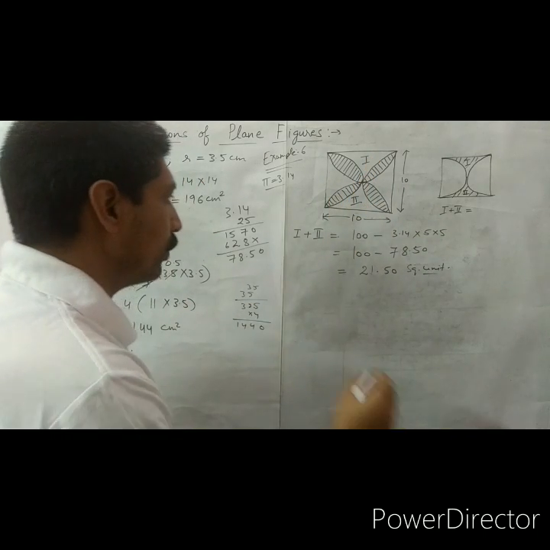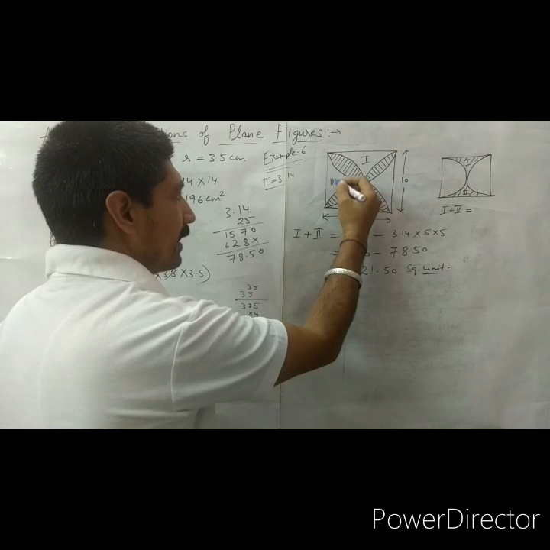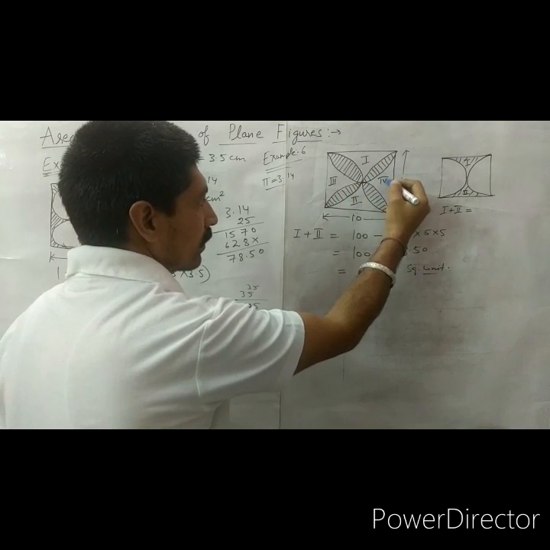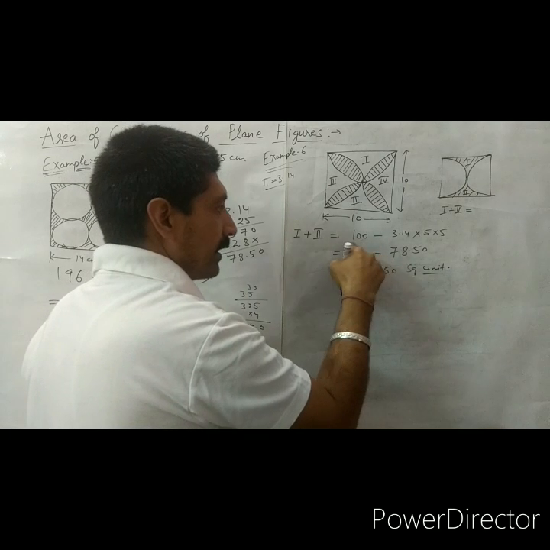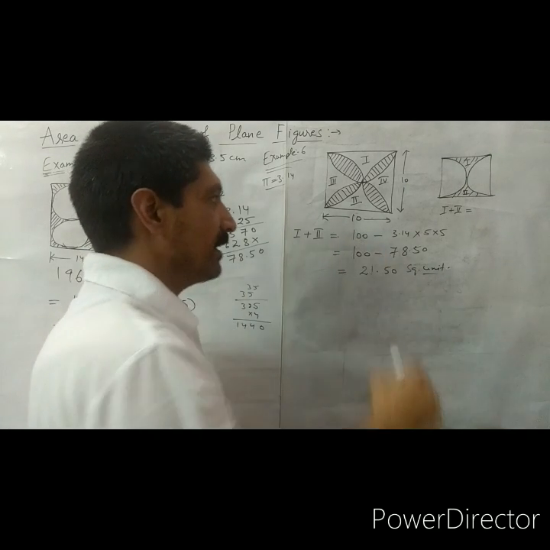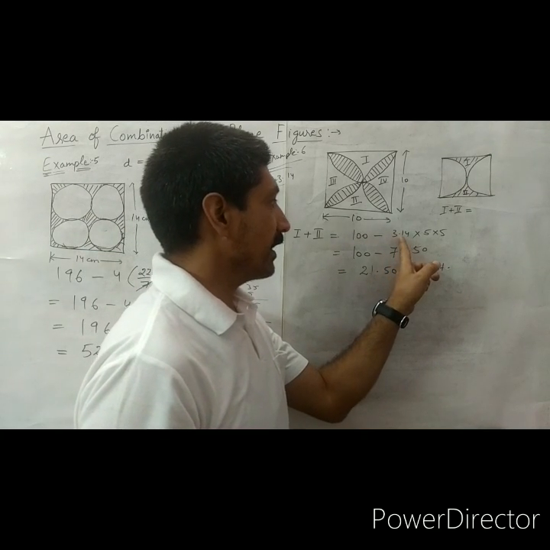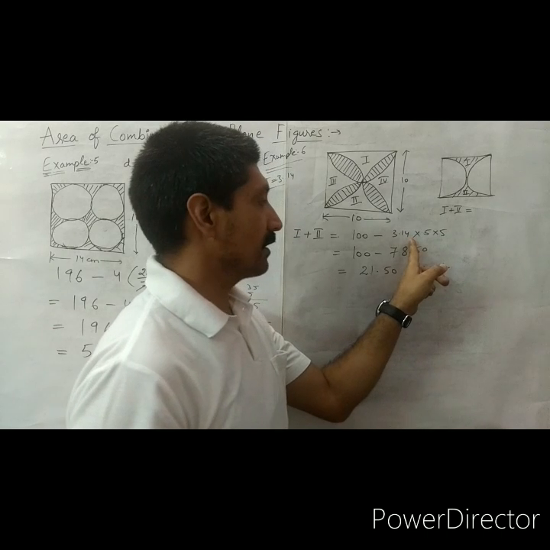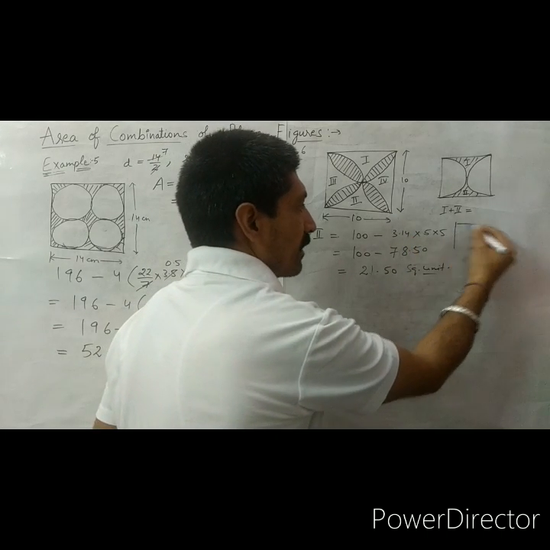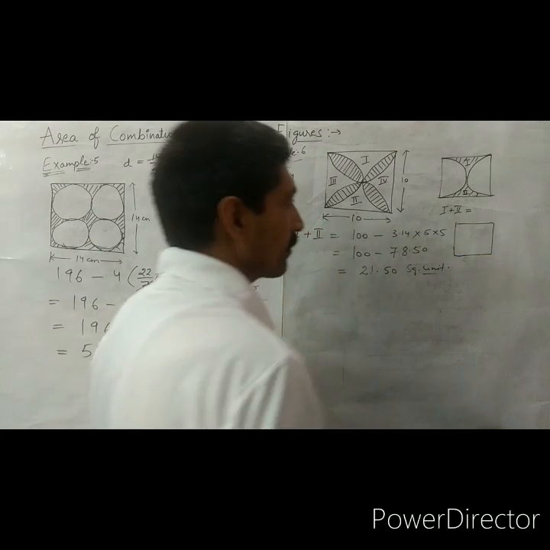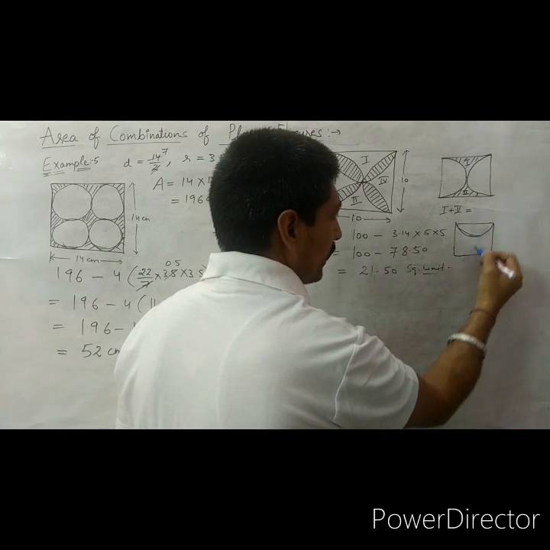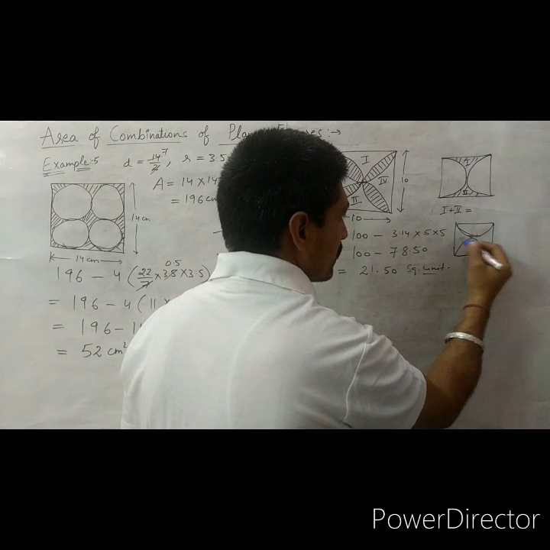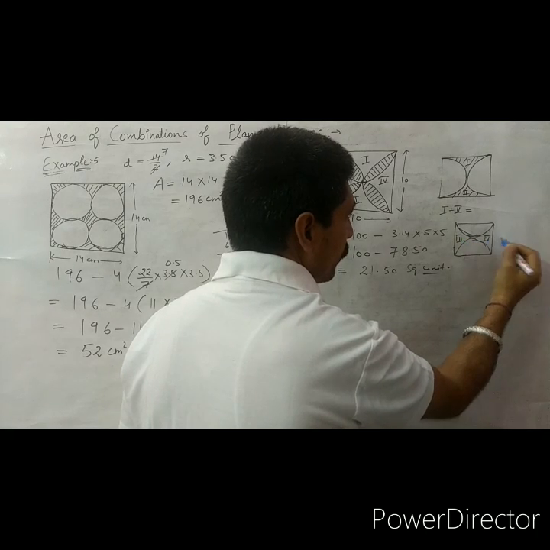Similarly, if we want to find area 3 and 4, we have to subtract from the area of the square the area of the circle. In this way, if this is the square here, this is the semicircle 1 and this is the semicircle 2. This is area 3 and area 4.